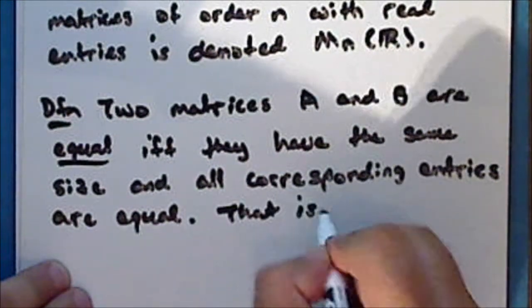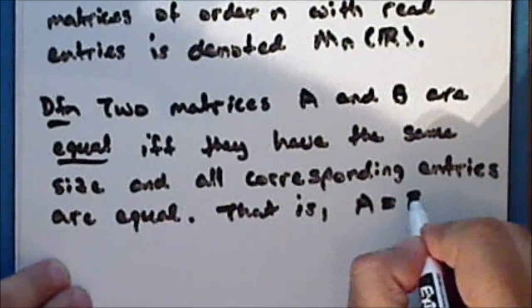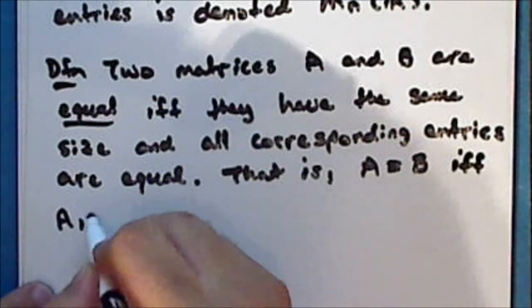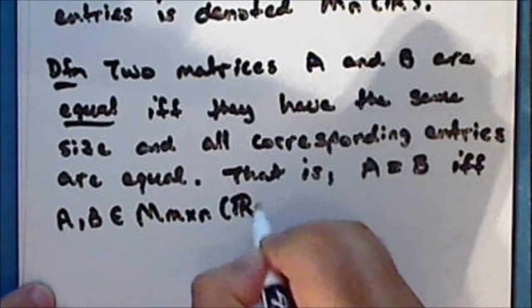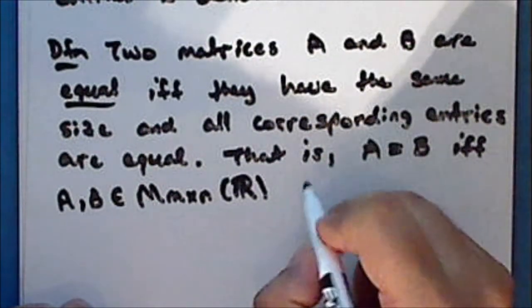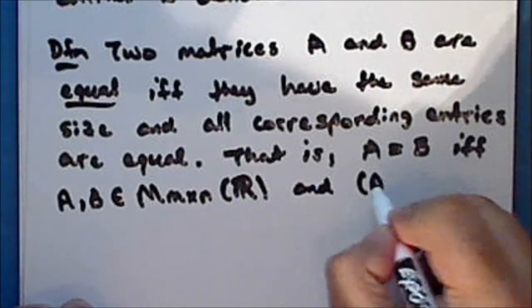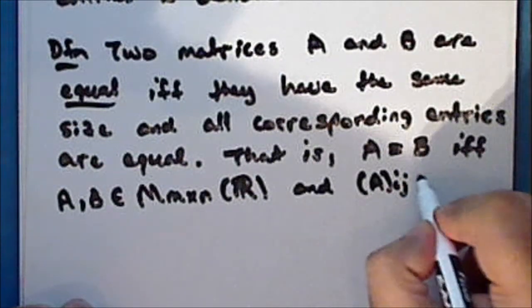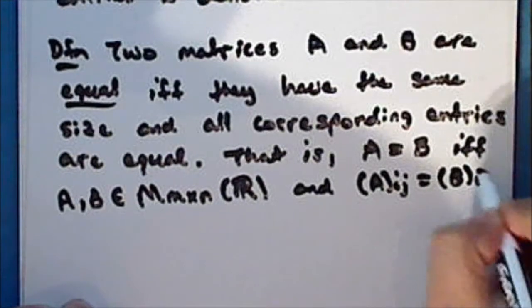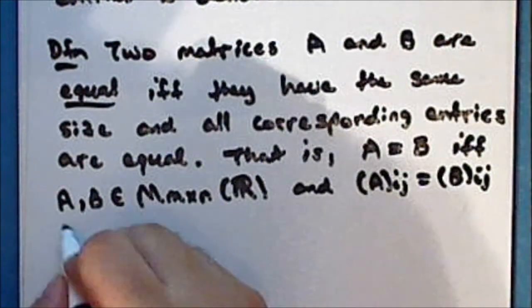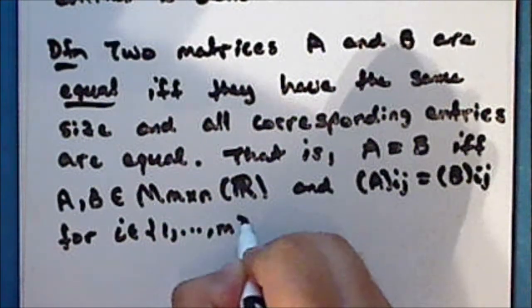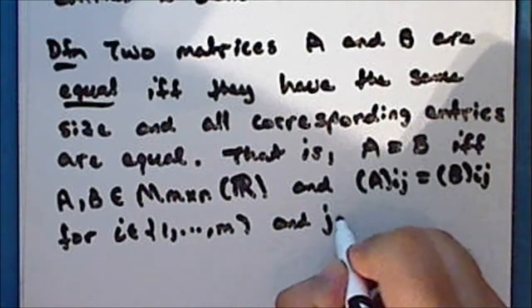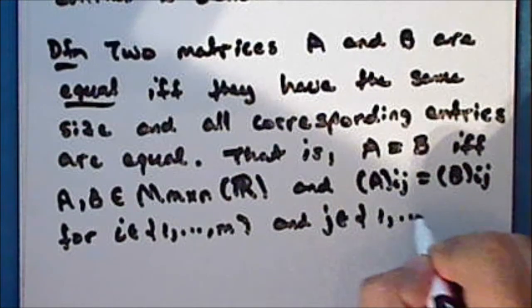That is, the matrix A is equal to the matrix B if and only if A and B are both M by N matrices, and for now, with real entries, and the entry in row I, column J of matrix A is the same as the entry in row I, column J of the matrix B for all values of I, which range from 1 to M, and all values of J, which range from 1 to N.